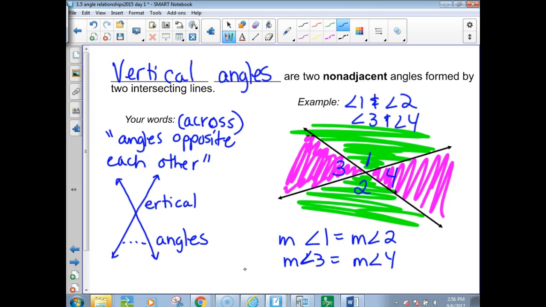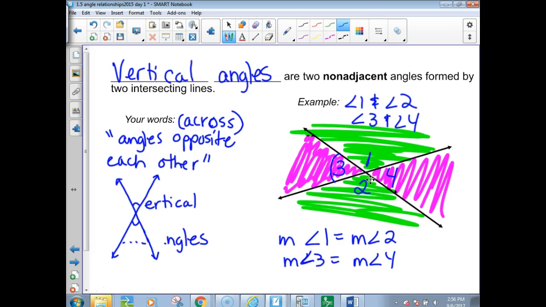Anyway, A for angles. Oh, I guess I forgot. I shouldn't have written the letter A, right? Because that is the A. Vertical angles. And they are congruent.